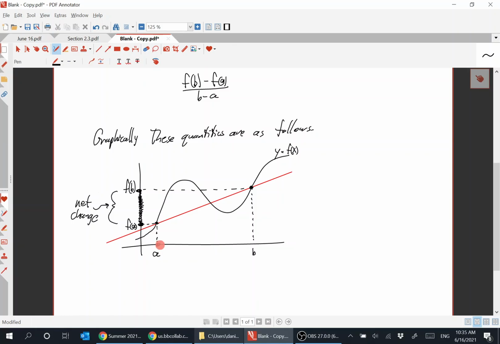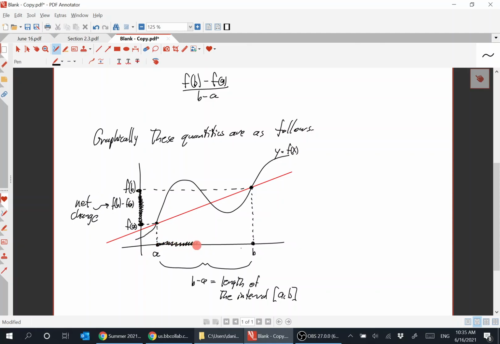And the length of the interval from a to b is the right-hand endpoint minus the left-hand endpoint, b minus a. No need for absolute values there because we know that b is to the right of a. And the net change is f of b minus f of a.